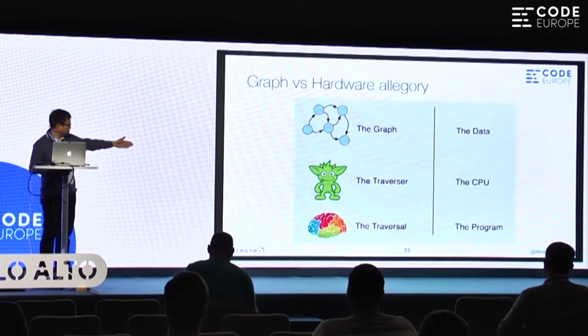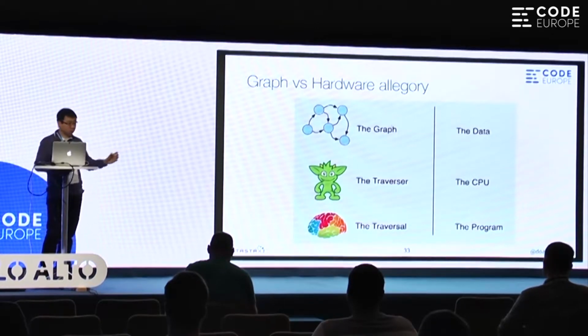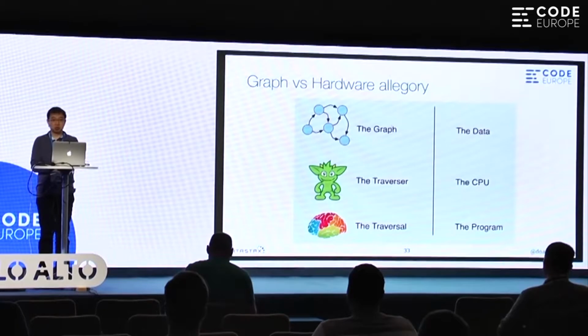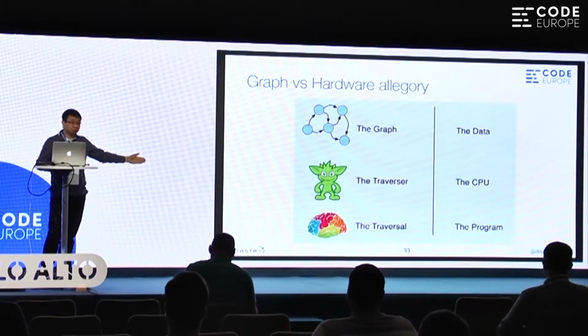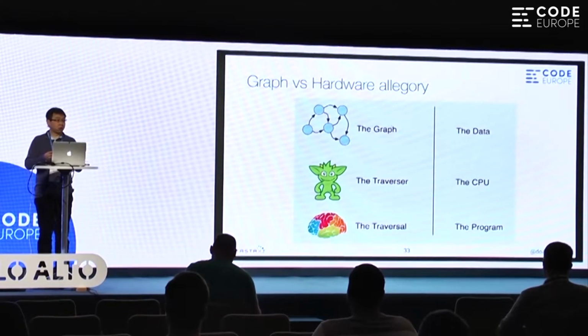The traverser, the Gremlin cartoon here, represents a thread, a CPU. At each time, your CPU is reading some piece of data. And what we call the traversal, this is the program. This is like the SQL query or the instruction to read the data.